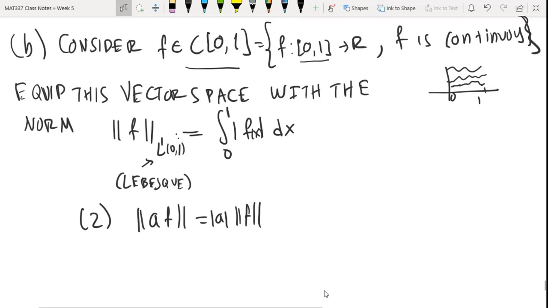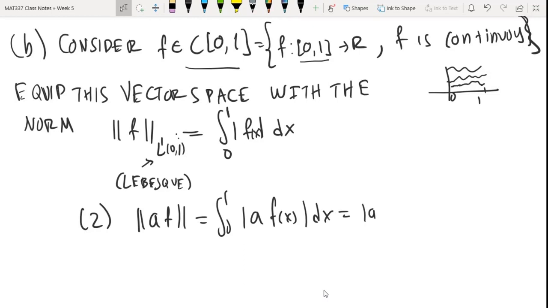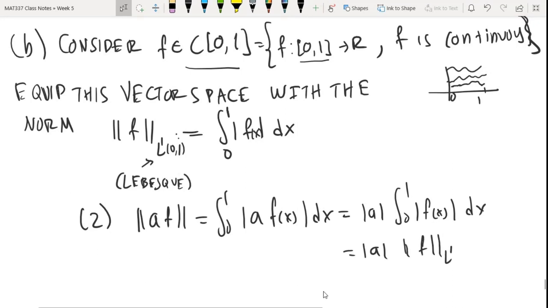I think that's clear. So let's see. The absolute value of a just comes outside because it doesn't depend on x. So that's fine. 3 is also pretty easy.